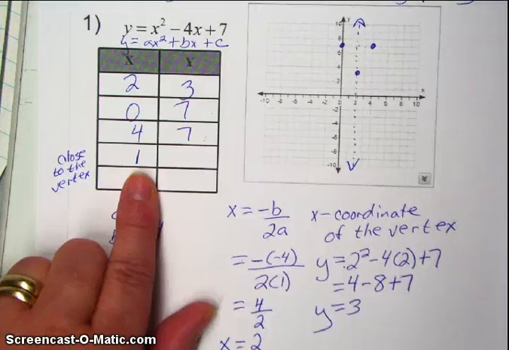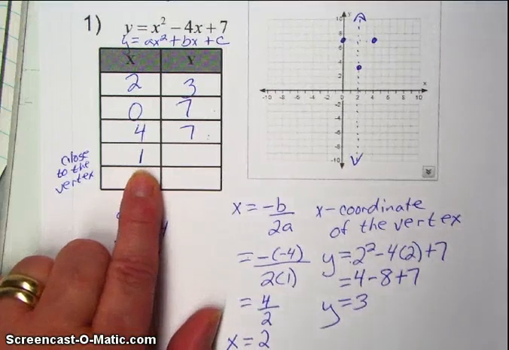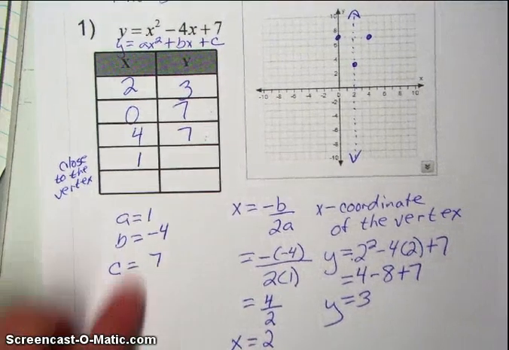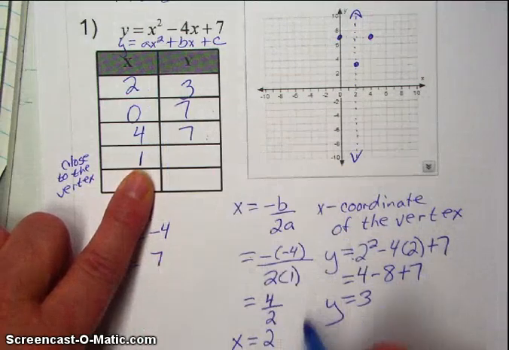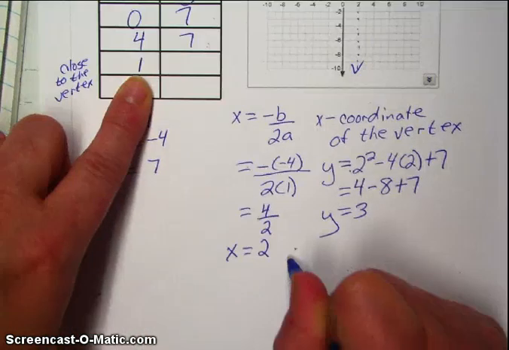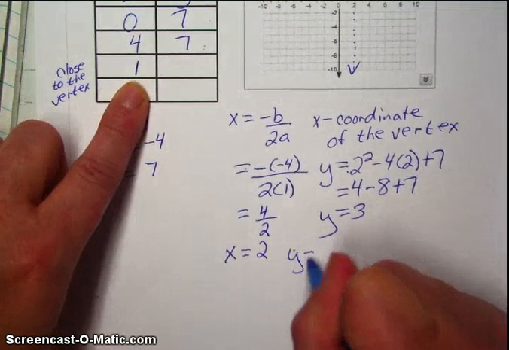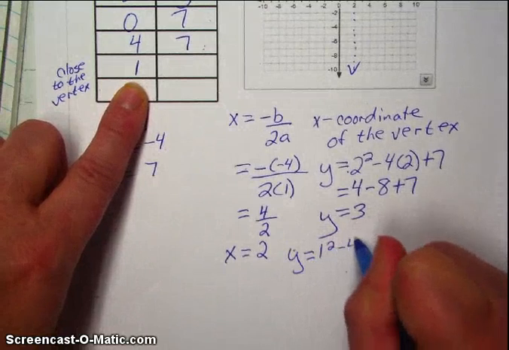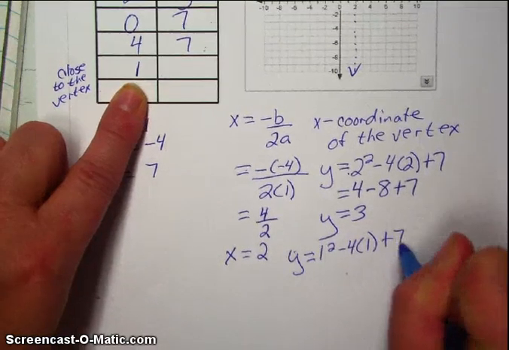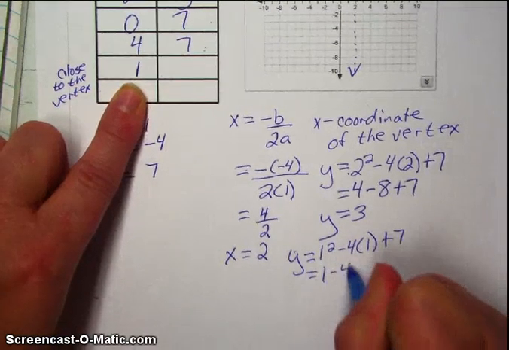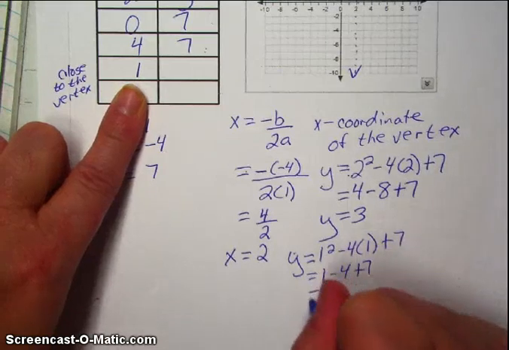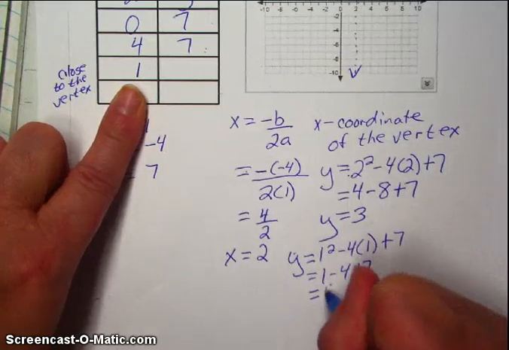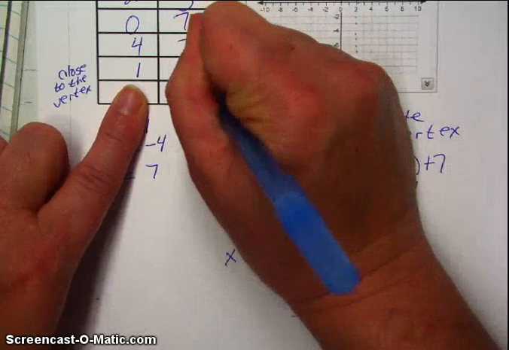Pick a number close to the vertex to plug in. Then again, I'm going to plug that into this equation. So I have y equals 1 squared minus 4 times 1 plus 7. Negative 3 plus 7 is 4. So y is 4.